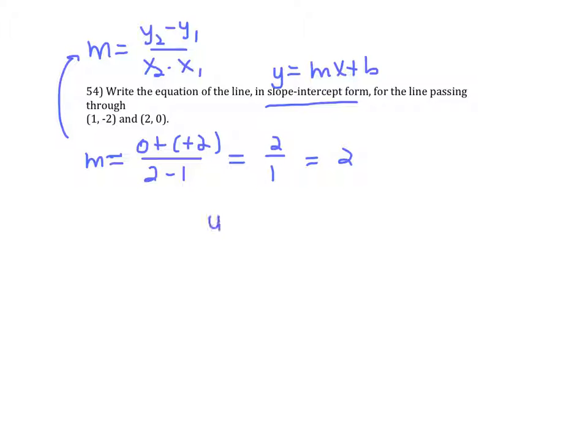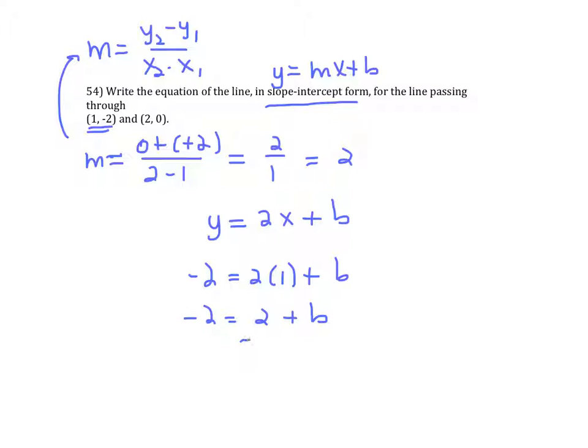Once you have the slope, plug it into your equation. Y equals 2x plus b. Now we need the y-intercept. So choose a point, and I'm going to choose 1, negative 2. We'll plug the negative 2 in for y, and we'll plug the 1 in for x. Okay, so now we have to solve for the y-intercept. So we have negative 2 equals 2 plus b.